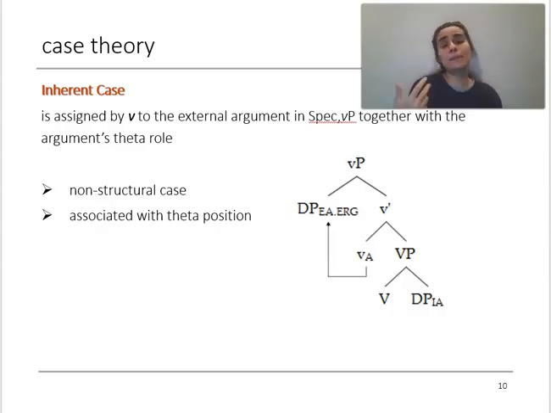It's mainly semantic case, but at the same time, it is assigned by little v to the external argument position, so it's associated with a theta role, and this theta role mostly is agent, mostly, but not always.